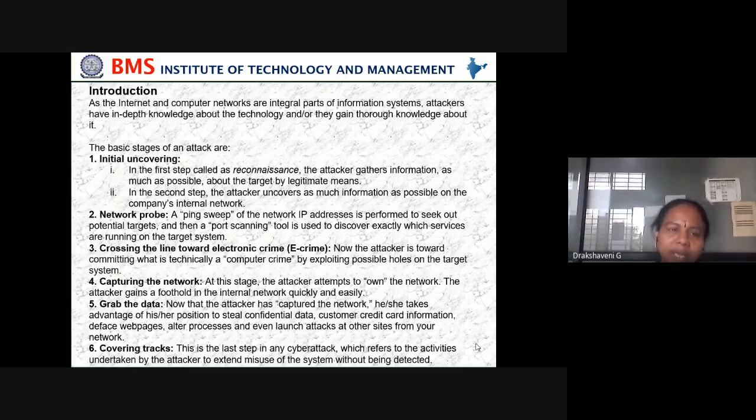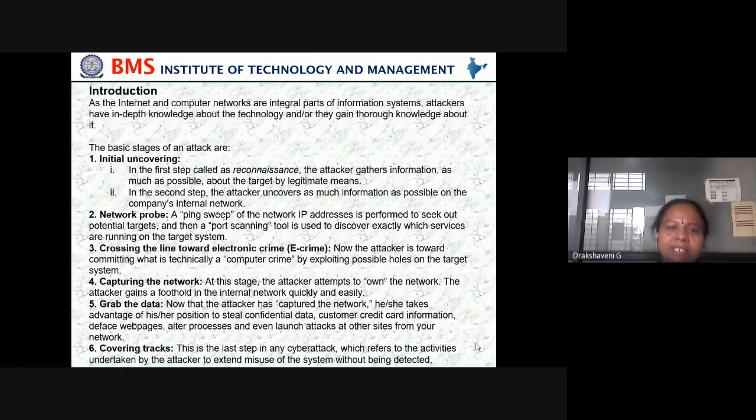The basic stages of an attack. What are the stages the hackers go through? First one, initial uncovering. The first step is called reconnaissance, where the attacker gathers information. They try to gather all the information: what is his name, from where, what is the IP address, from where they have to act.